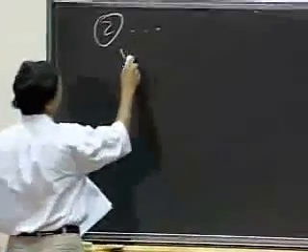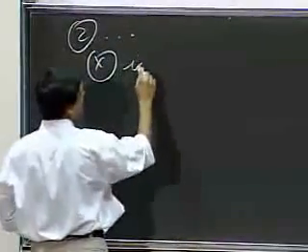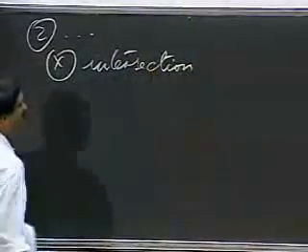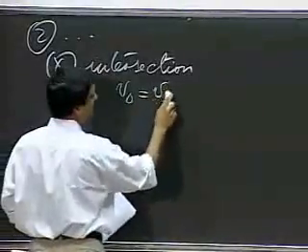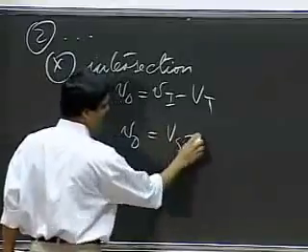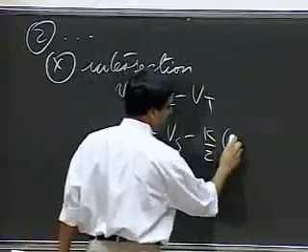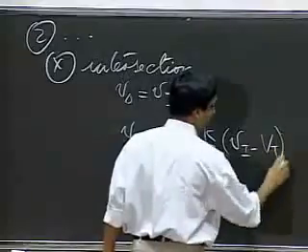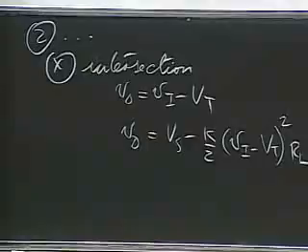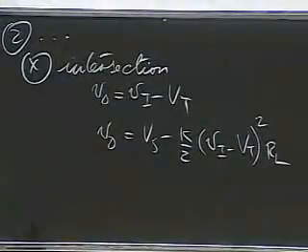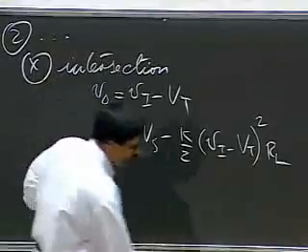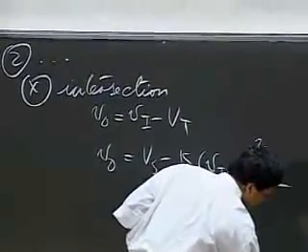Note that point X is the intersection of two curves, VO equals Vi minus Vt, and the second curve is VO equals Vs minus K divided by 2, Vi minus Vt whole squared RL. Okay? So the point X is at the intersection of these curves.